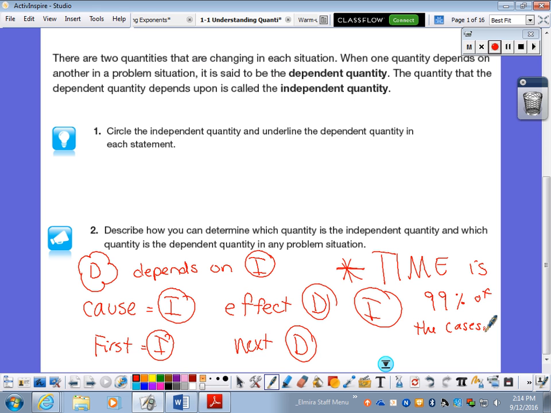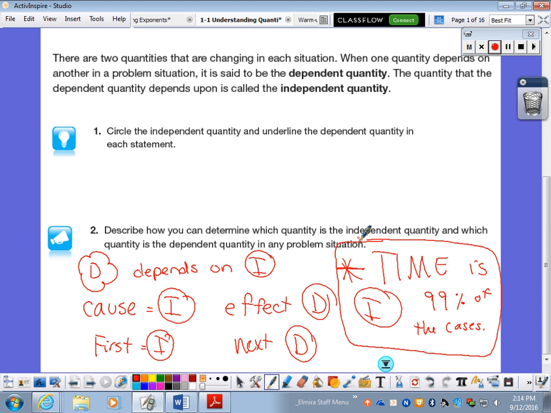I would say in the whole course this year there will be 1 or 2 times, once today and maybe another time throughout the whole year, where time is not the independent variable. So that's super, super critical. If you're reading a problem and there's any mention of time, 99% of the time that's the independent variable.